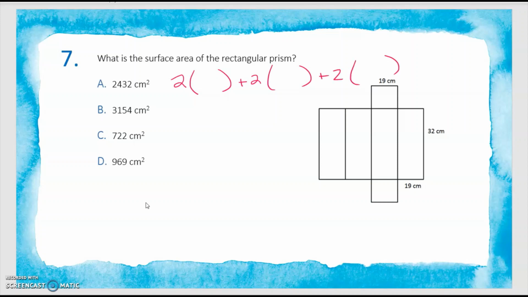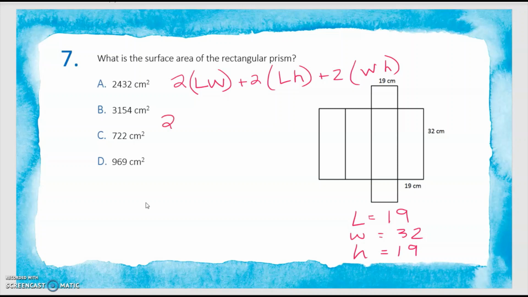Okay, so let me show what I mean. Let's just say it has a length of 19, a width of 32, and a height of 19. I'm using these numbers here. So we're going to do length times width, length times height, and width times height.